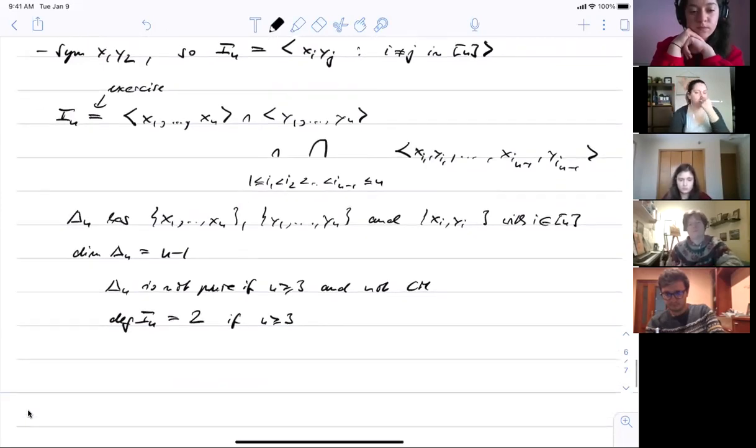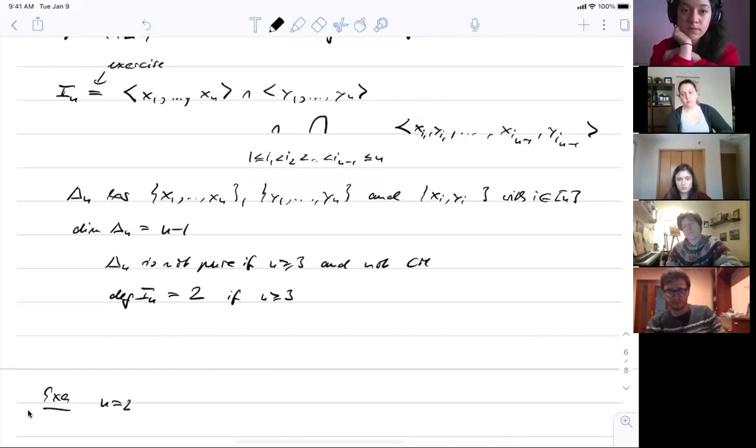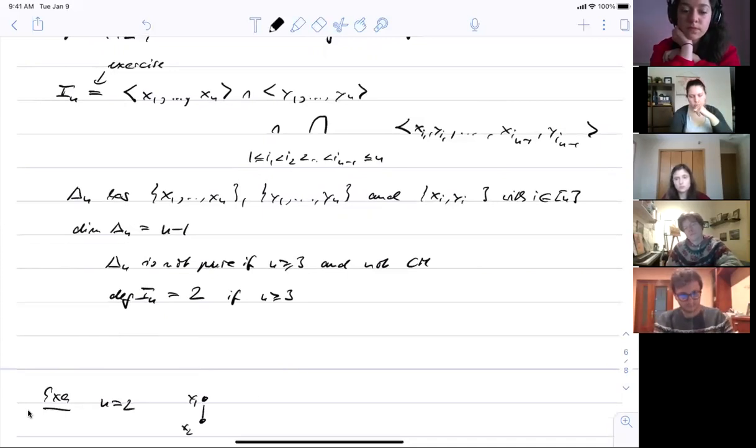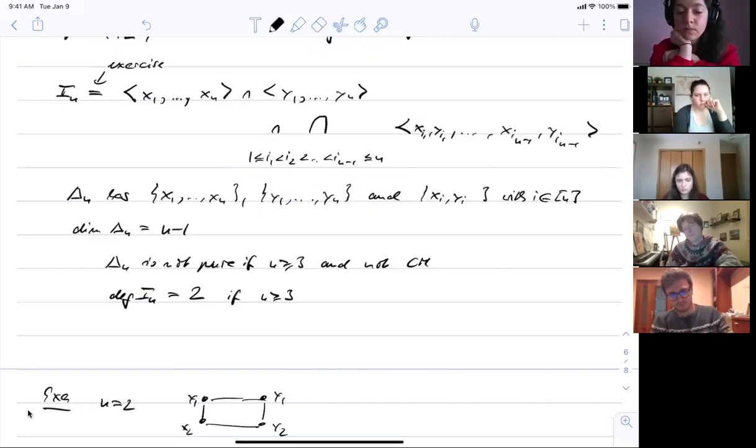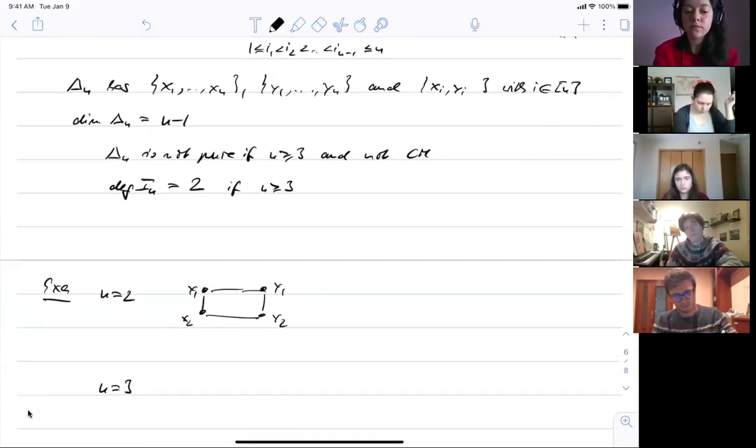So maybe to illustrate what these complexes look like, if n is 2, we have the simplex on x1 and x2, the simplex on y1 and y2, but then we have also x1, y1, and x2, y2. If n is 3, again, we have the simplex on x1, x2, x3.